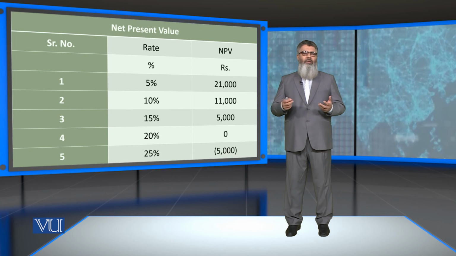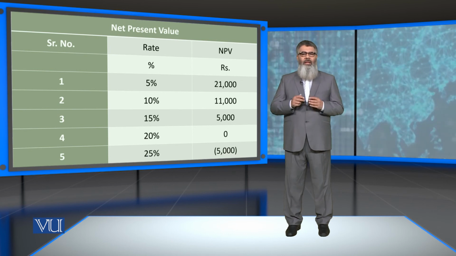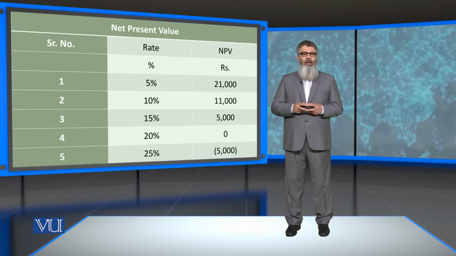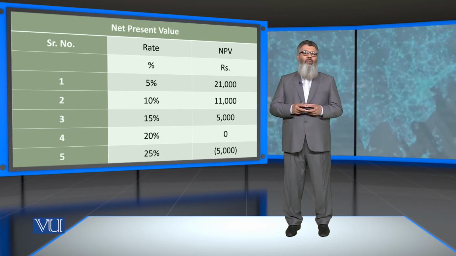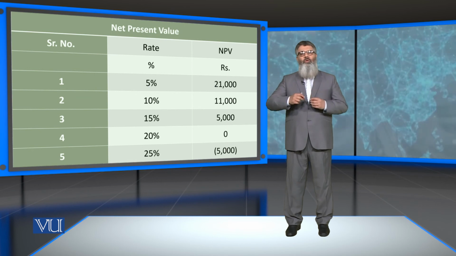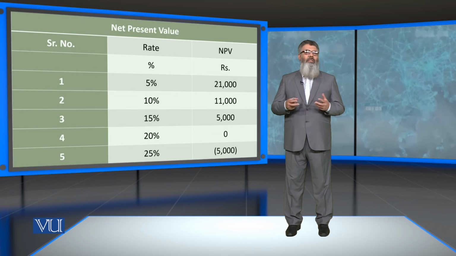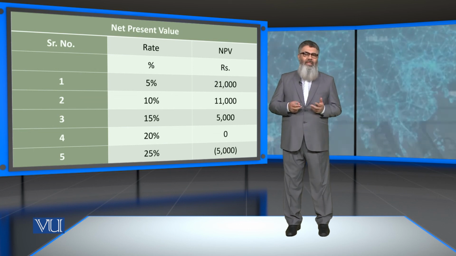और ये वो पॉइंट है जो हम पहले भी डिस्कस कर चुके कि वो रेट ऑफ रिटर्न, वो डिस्काउंटिंग रेट जहां पर हमारी नेट प्रेजेंट वैल्यू 0 हो जाए, दैट शोज द एक्चुअल रेट ऑफ रिटर्न प्रोवाइडेड बाय द प्रोजेक्ट और इसी को हम IRR का नाम भी देते हैं.